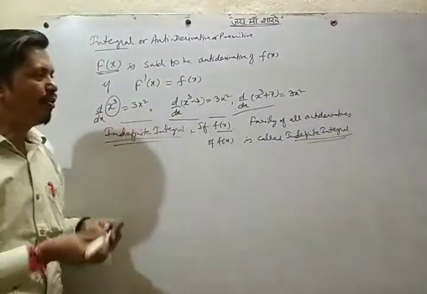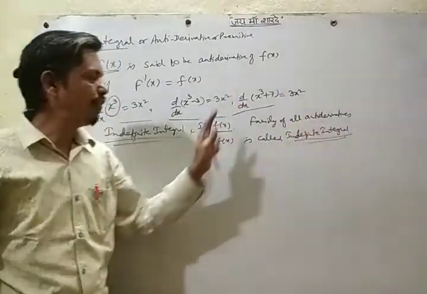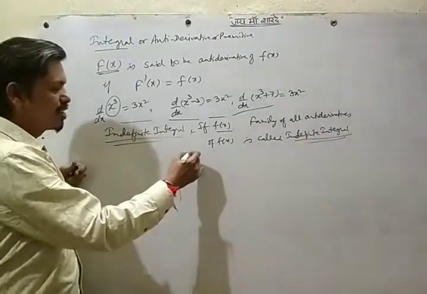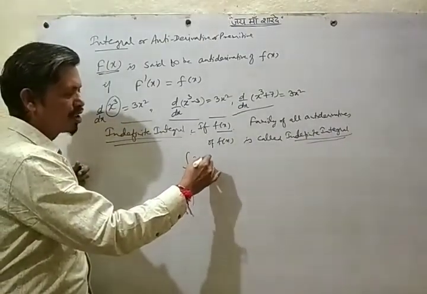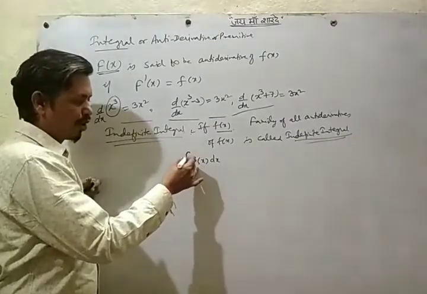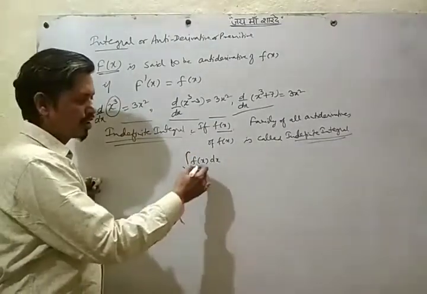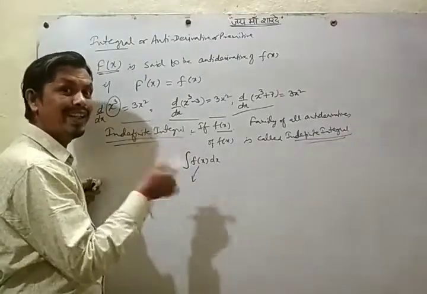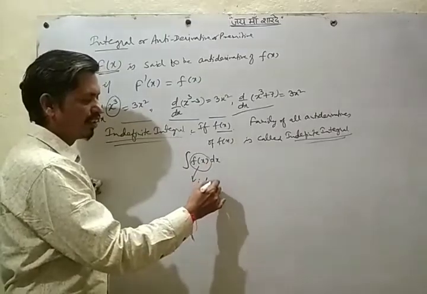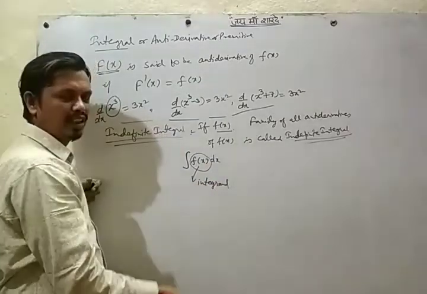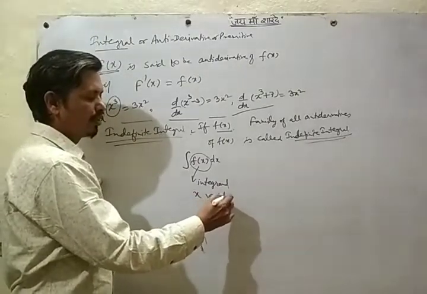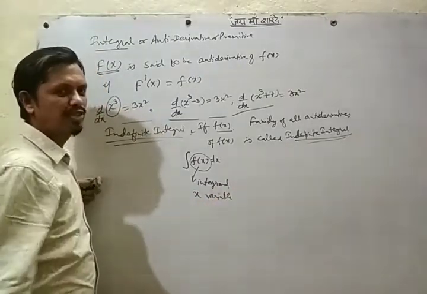Okay? Family of all antiderivatives of f of x is called indefinite integral, and this we write in symbol form like this. This is the symbol for integral. This is the function which is to be integrated, called the integrand, and x is the variable of integration.